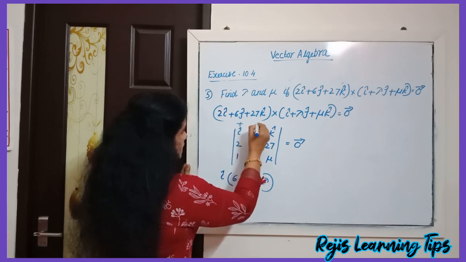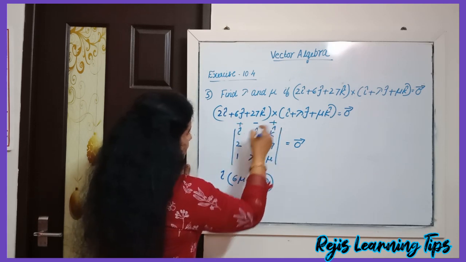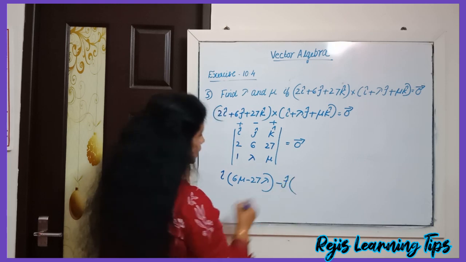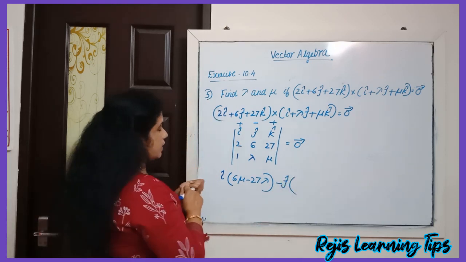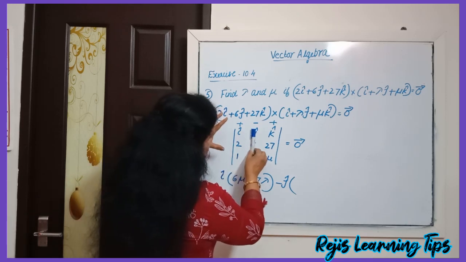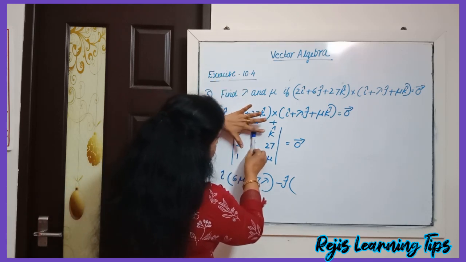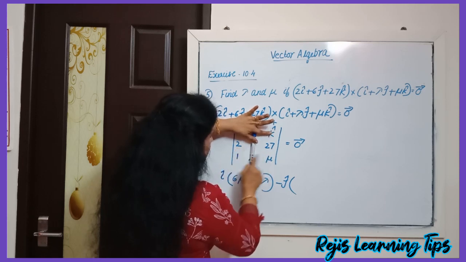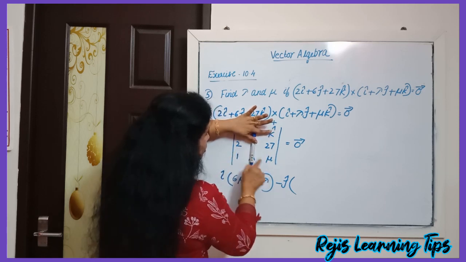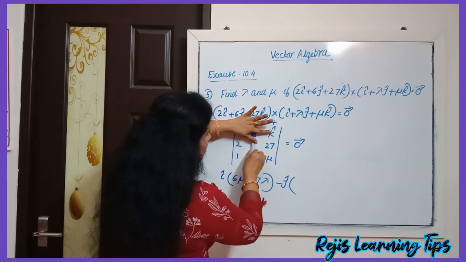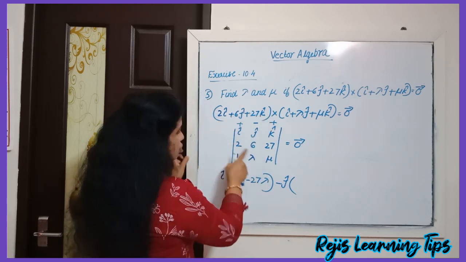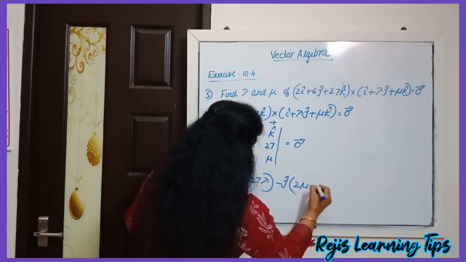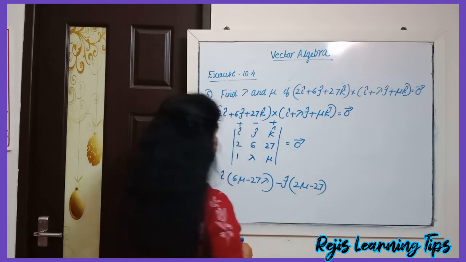Then this is plus, this is minus, and this is plus. So we get minus j into, removing this column and this row, the determinant 2 27, 1 mu, that is 2 mu minus 27.